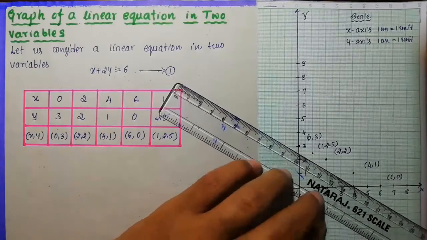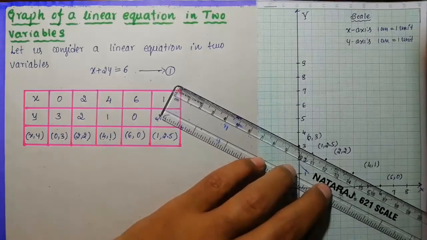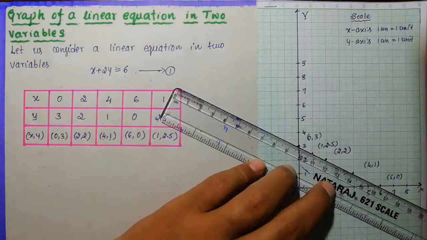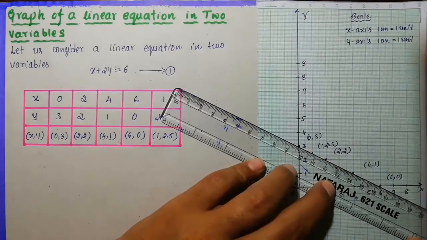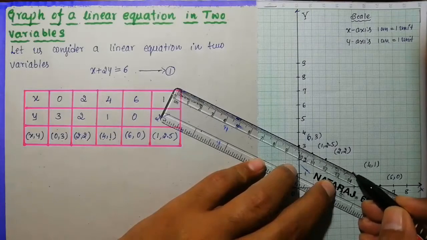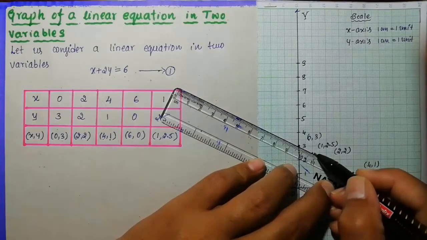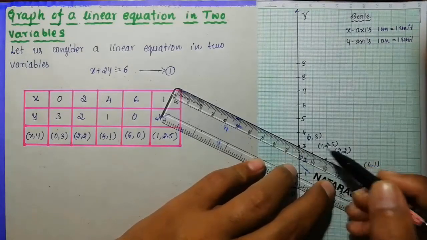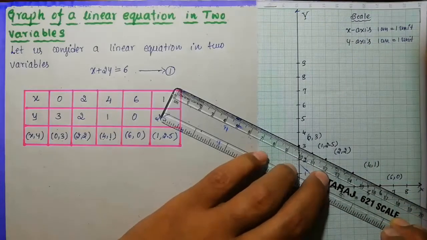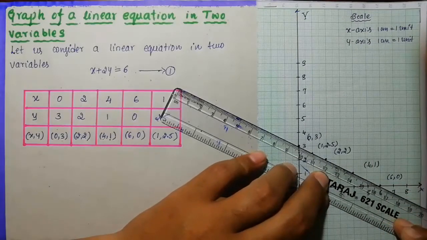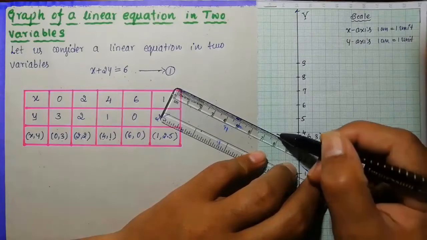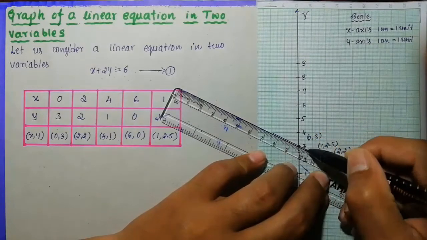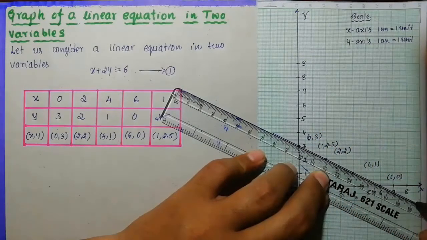Look here, so put a scale like this. So this is the point 6 comma 0, 4 comma 1, 2 comma 2, 1 comma 2.5 and 3. So all these points seem to be lying on a single line. Now I'm going to join these points by a straight line like this.